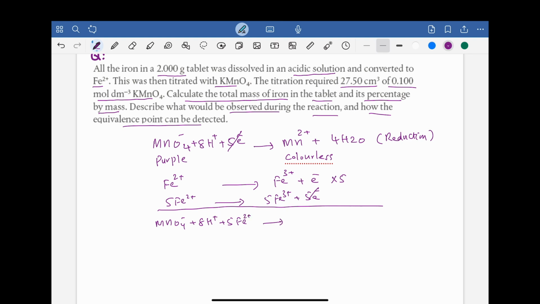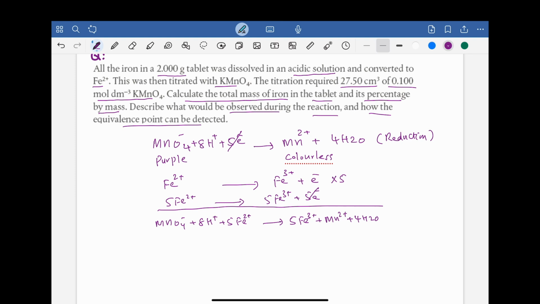On the product side we will have 5Fe³⁺, Mn²⁺, and 4H₂O. So this is the balanced chemical equation for this reaction that will help us to do further calculations.